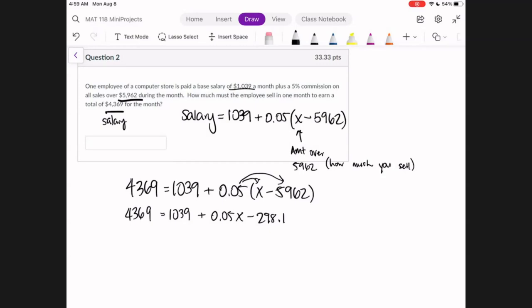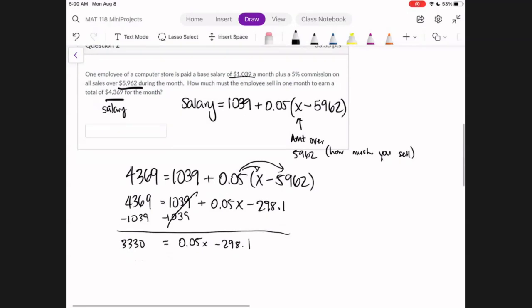And then I'm going to move over the 1,039. So this would be 3,330. And I'm going to add over this one.